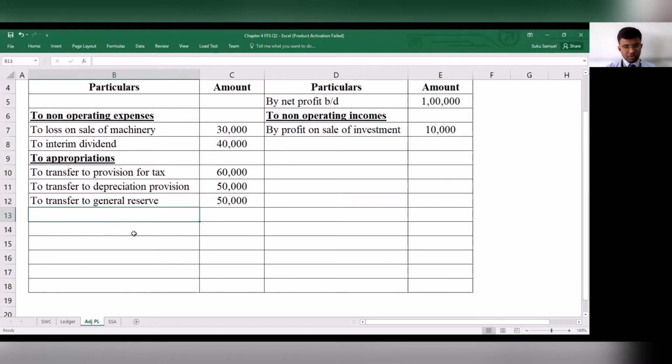Then we have to consider the closing balance. So how much is the net profit that you're carrying down? Net profit that you're carrying down is 1,50,000. Okay, so let's consider the total.